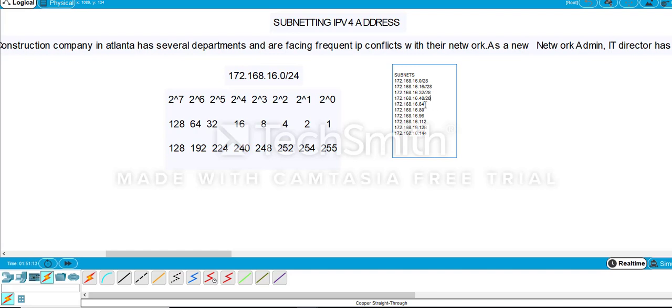Okay, and the way we did this can be applied to any IP class, any IP address that you have. You apply the same terminology to do it. It remains the same, nothing different about it.